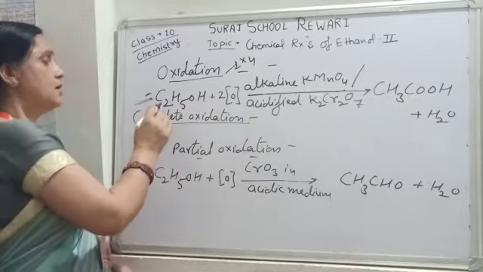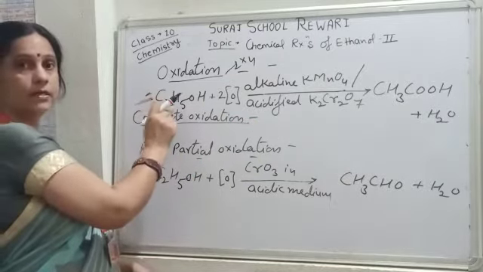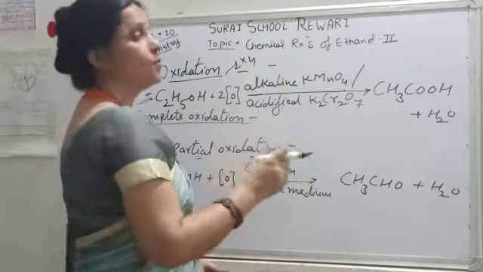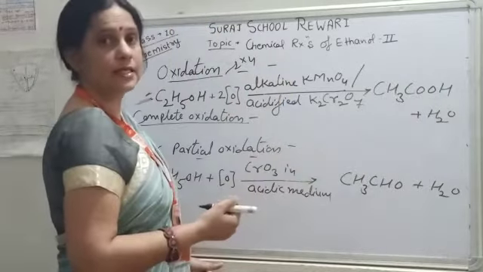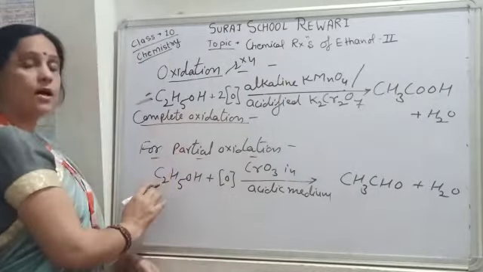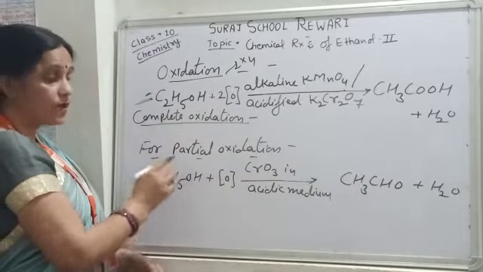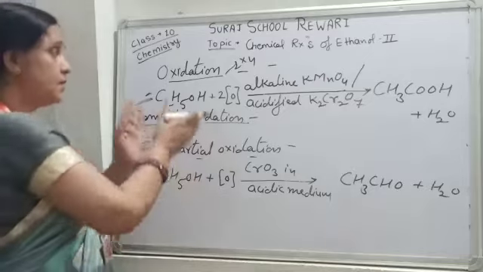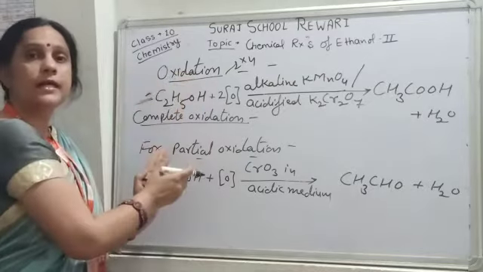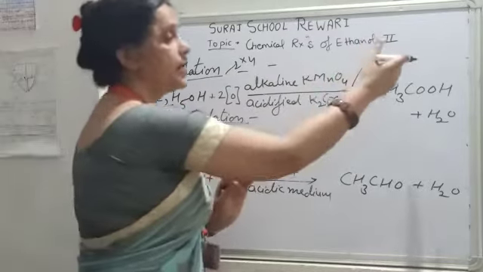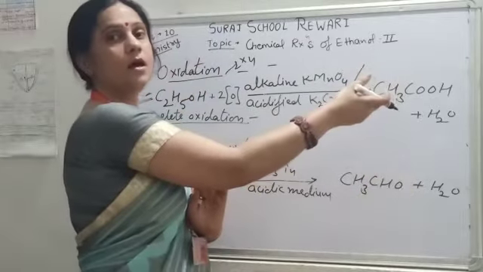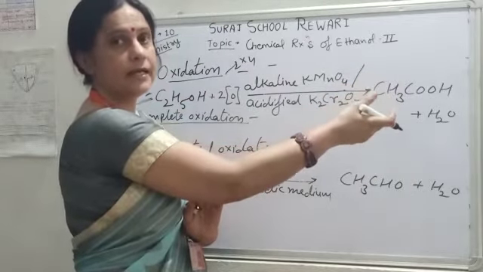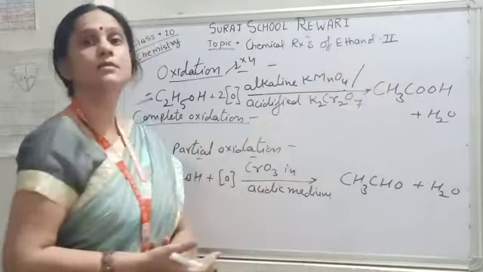If we take the 3 carbon alcohol here, then we obtain the 3 carbon carboxylic acid here. If we take the 3 carbon alcohol here, then we obtain the 3 carbon aldehyde here. That means that the number of carbons in alcohol and the number of carbons in products, that may be carboxylic acid, may be aldehyde, remains the same.